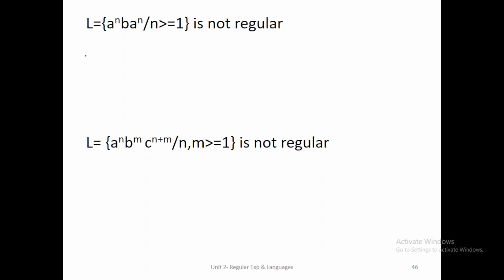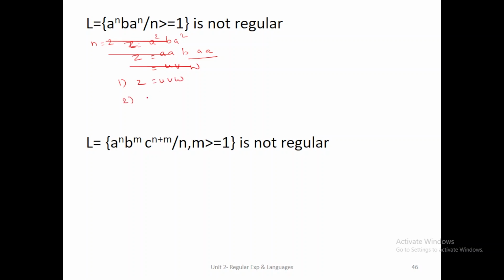And here instead of 0 they are giving a power n something. So if I substitute n is equal to 2, the correct string is a squared b a squared. So you expand it. So here I am taking Z as double a, b, double a. So first letter U, second letter V, the remaining 3 letters will be considered as W. So you write the rules: Z equal to UVW.